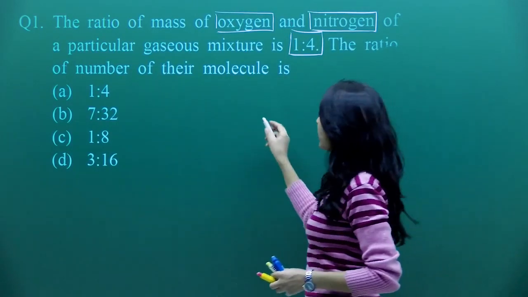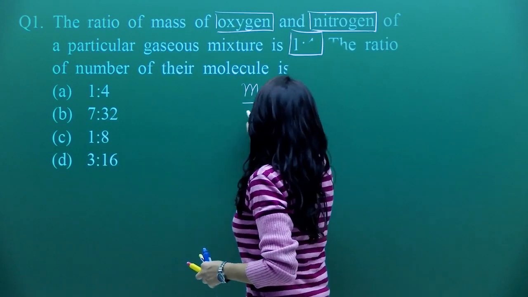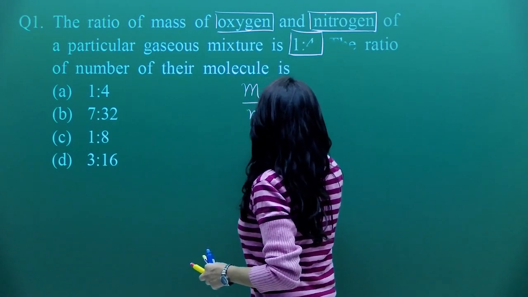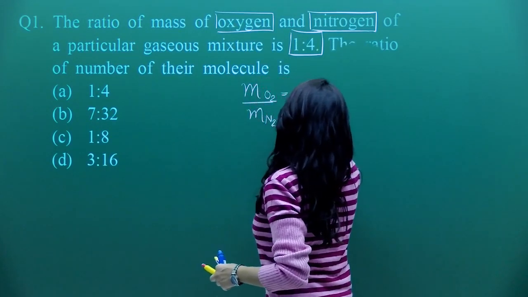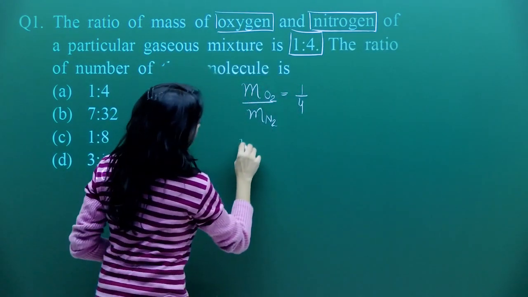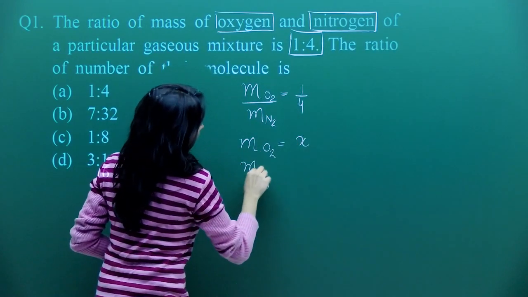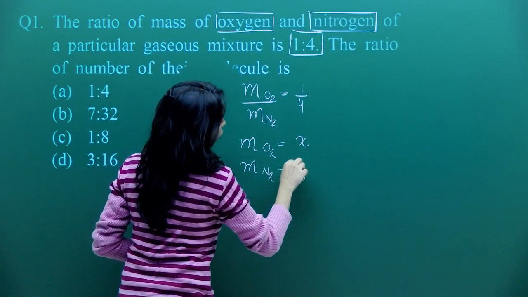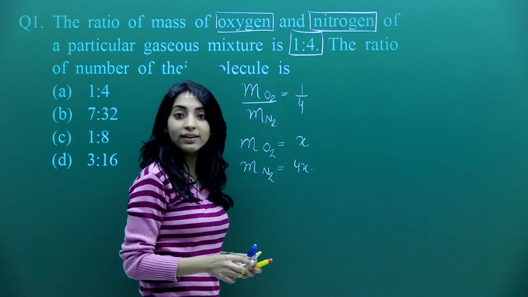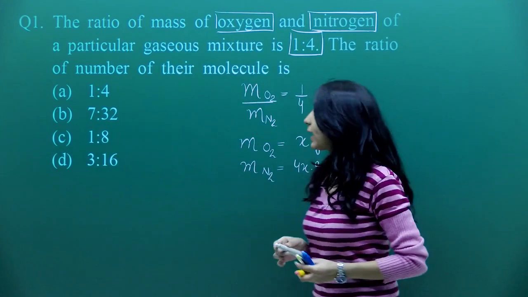That means the mass of oxygen with respect to that of nitrogen is 1:4. Can I simply say that the mass of oxygen will be X and the mass of nitrogen will be 4X, right? So I'm putting grams and I'm putting grams here.